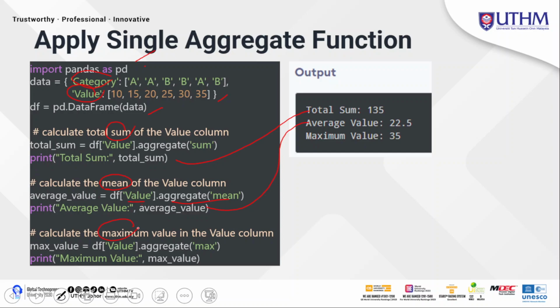For the maximum value, we use max. For the minimum value, we use min, M-I-N, not mean. Mean is different. So your final output is that the maximum value in the value column is 35.